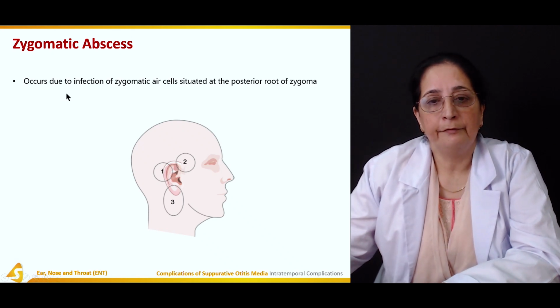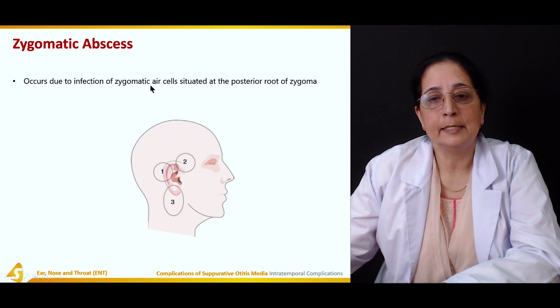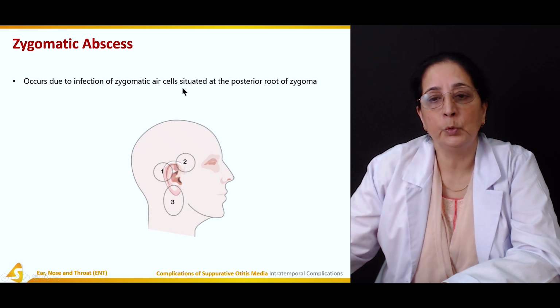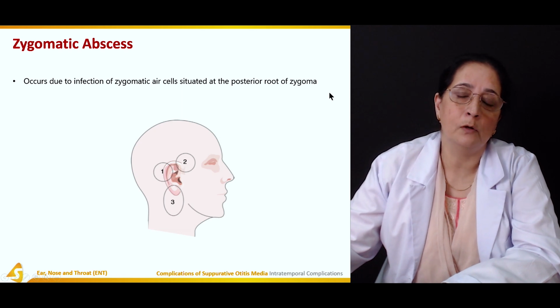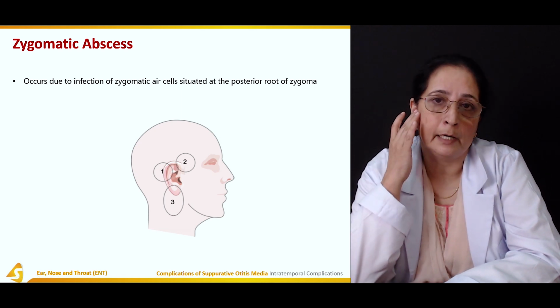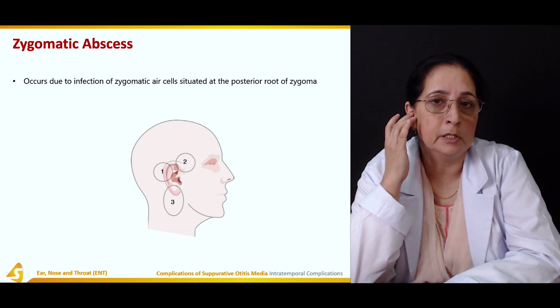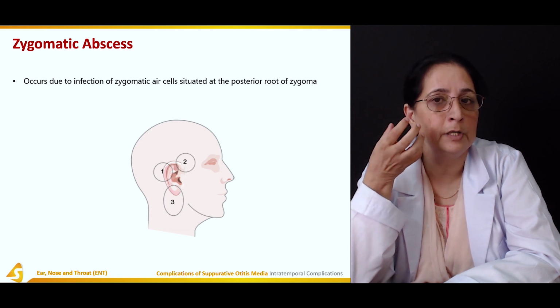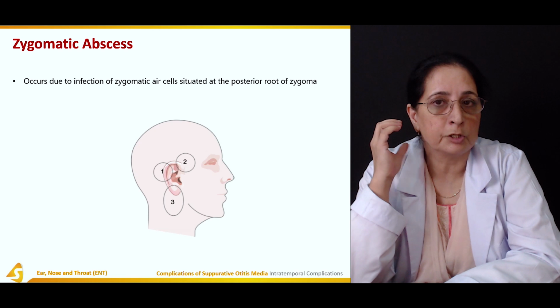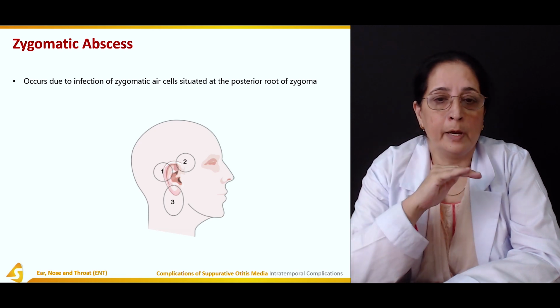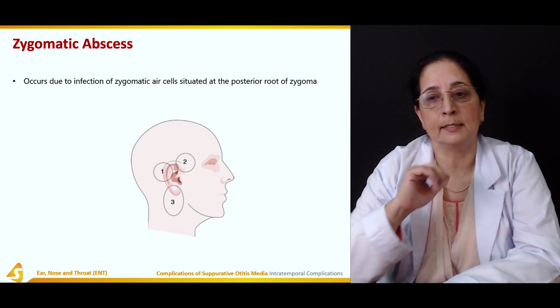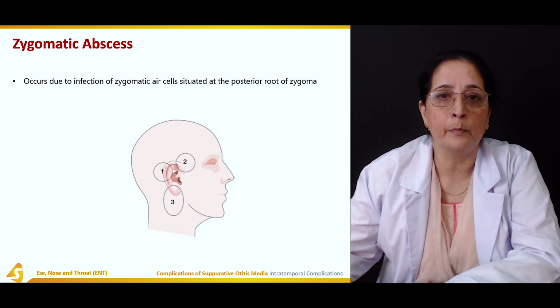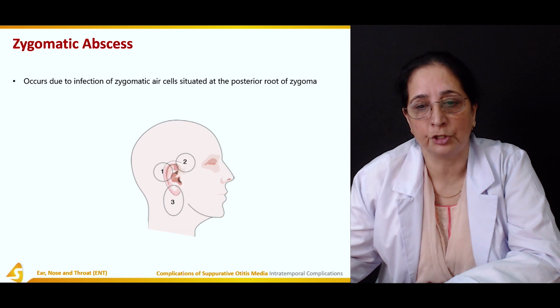It occurs due to infection of zygomatic air cells situated at the posterior root of the zygoma. Zygoma, zygomatic arch, posterior root. So if you see, it's very, very close to the mastoid and the ear. So when infection spreads to zygomatic air cells, it causes zygomatic abscess formation.